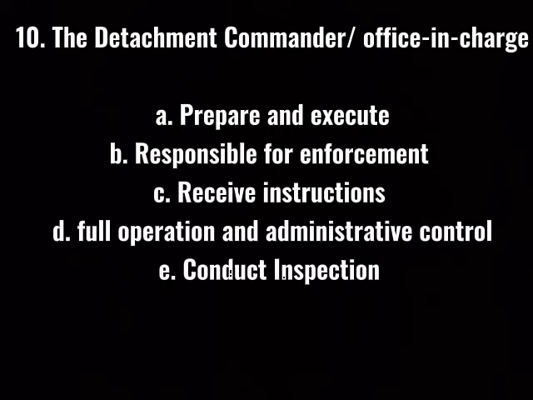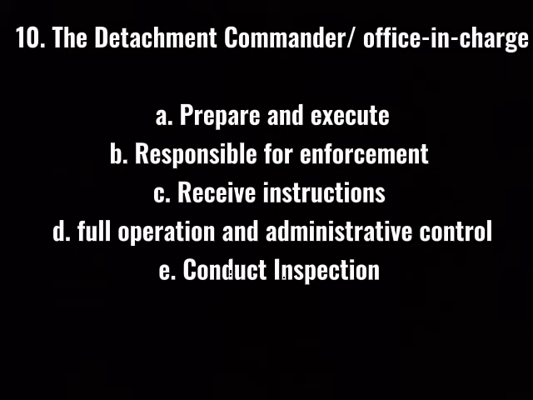He is directly responsible to the security manager of the installation. A. He prepares and executes the security plan of his detachment in relation to the security requirements of the establishment being guarded. Letter B. He is responsible for the enforcement and implementation of rules and regulations, policies.